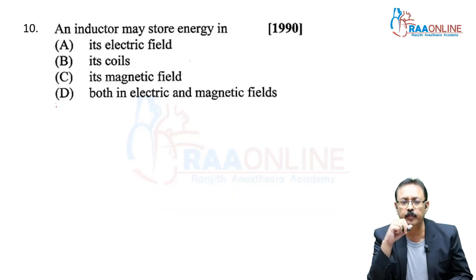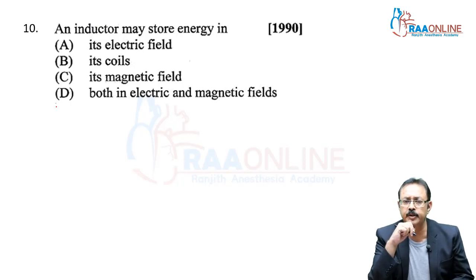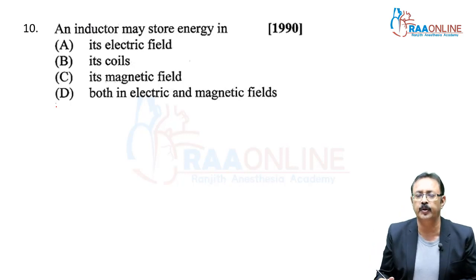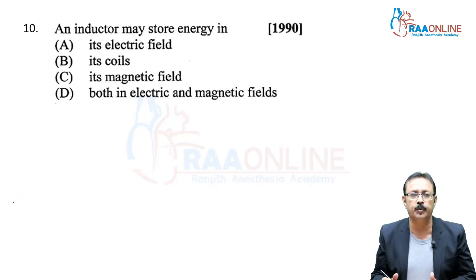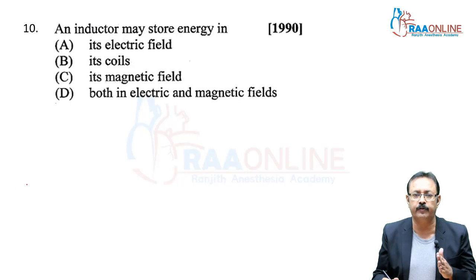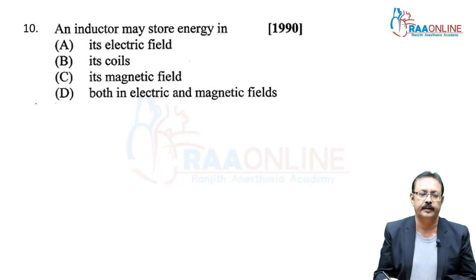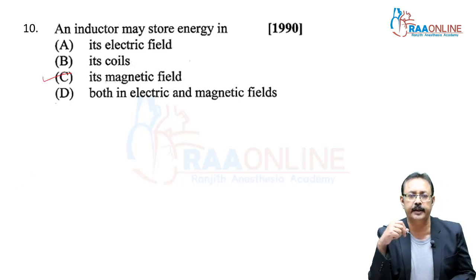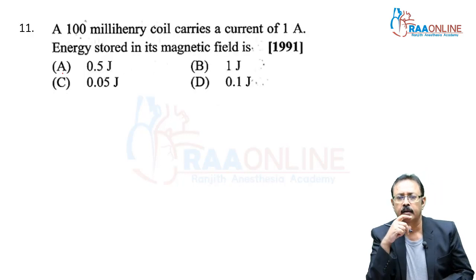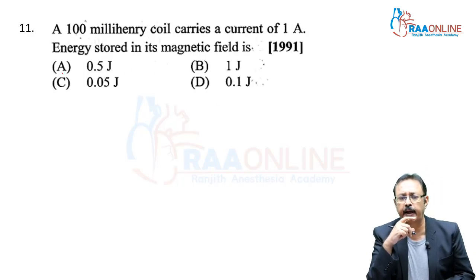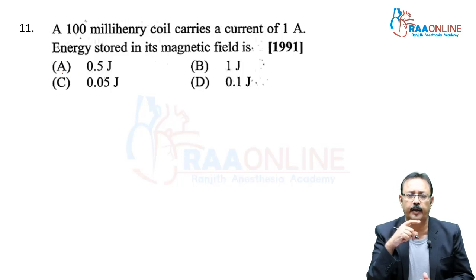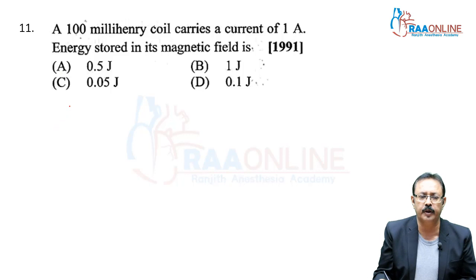Next, it is from 1990 AIPMT. An inductor may store energy in, I told you, in inductor energy is stored in magnetic field and it is in form of magnetic energy. So we are going with option C. 1991 AIPMT. A 100 millihenry coil carries a current of 1 ampere. Energy stored in magnetic field, we have the formula, half Li square.